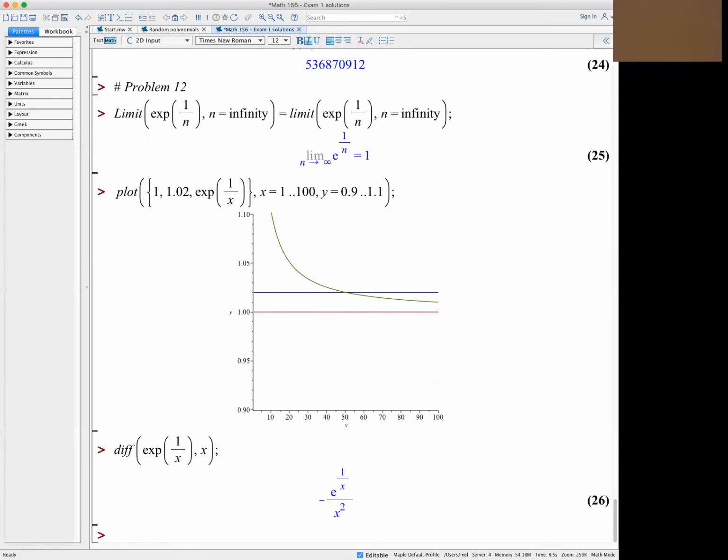And there are a couple of ways to do it. One way, once you have this graph, is to blow this up in this region.